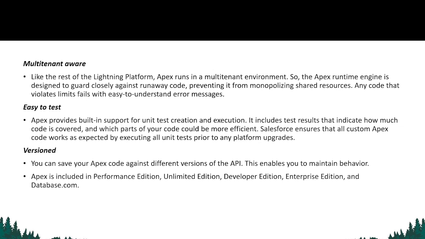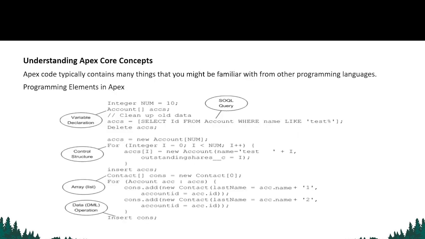Apex has multiple editions: the Performance Edition, the Unlimited Edition, the Developer Edition, the Enterprise Edition, and Database.com, which are used to give the different versions of the Apex language.